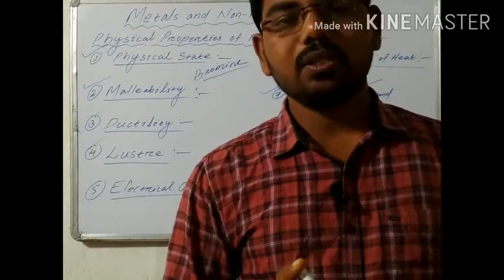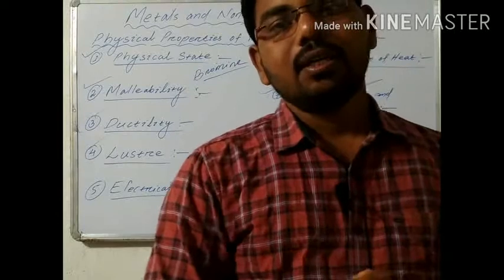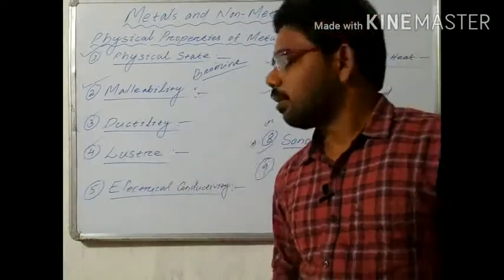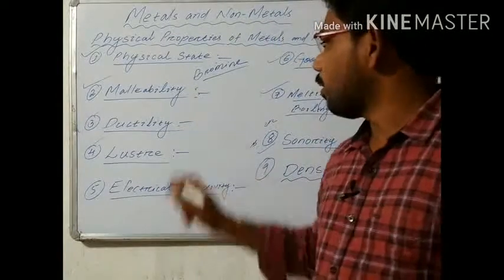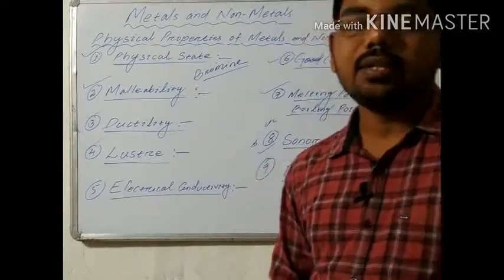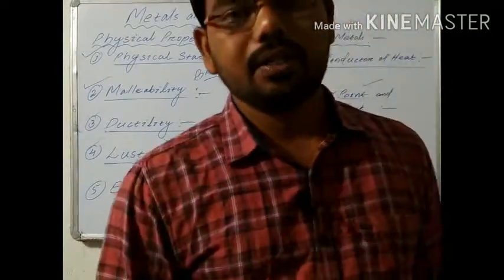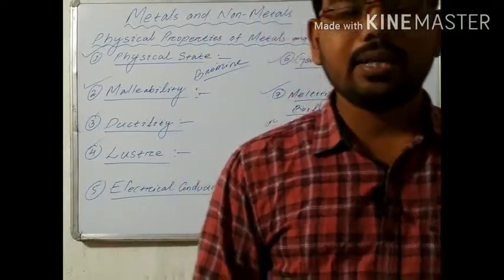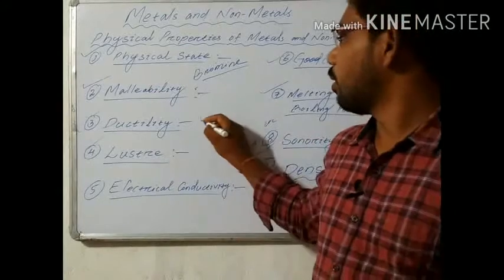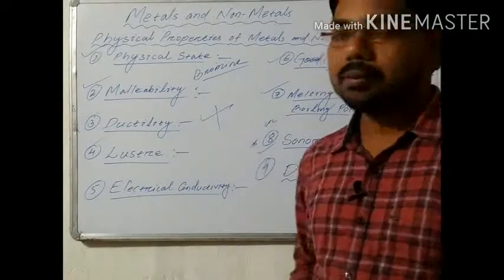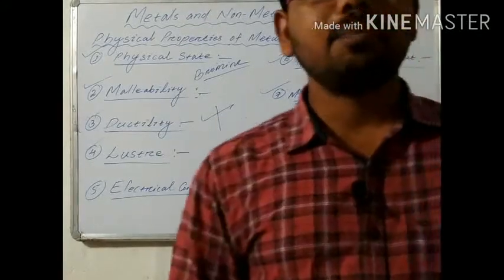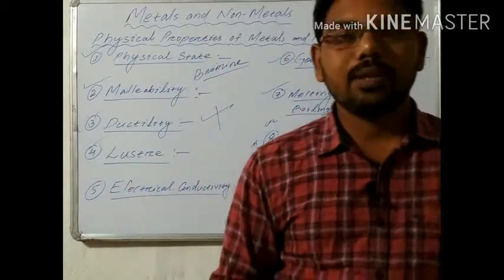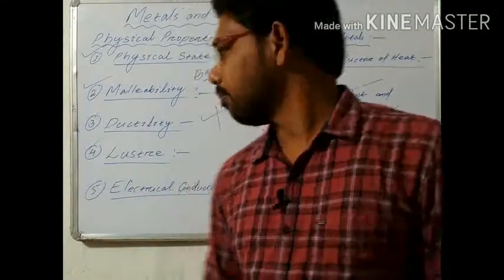Wood is also a non-metal, it cannot be changed into thin sheets, that's why they do not have malleability. Next is ductility. Ductility means they can be drawn into wires. Non-metals do not change into wires, that's why they do not have the ductility property either. We cannot prepare wires with the help of non-metals.